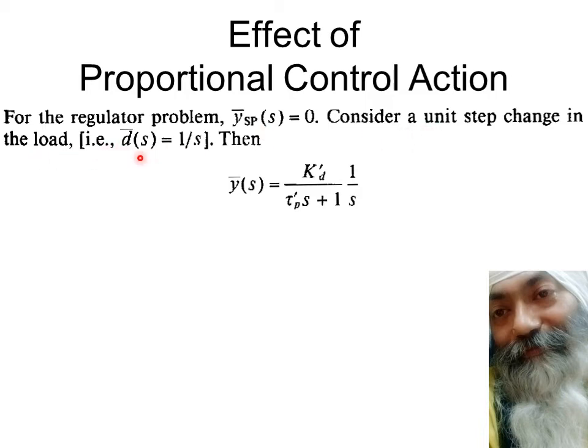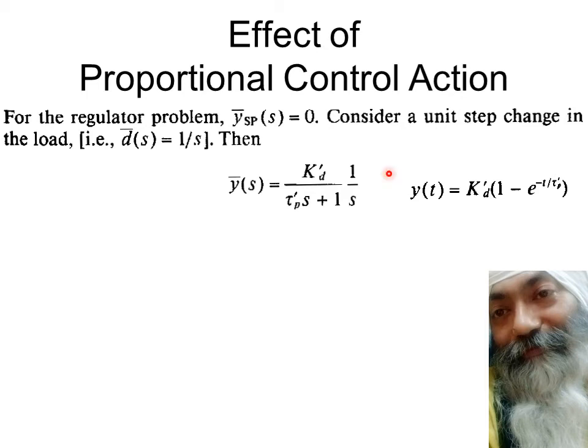You all know that the Laplace transform of a step change is 1 upon s. So the same equation, only instead of K'p, we have taken K'd, multiplied by 1 upon s. That's the only difference. Rest everything will move in the same fashion. Take the Laplace inverse, you will get the same thing.